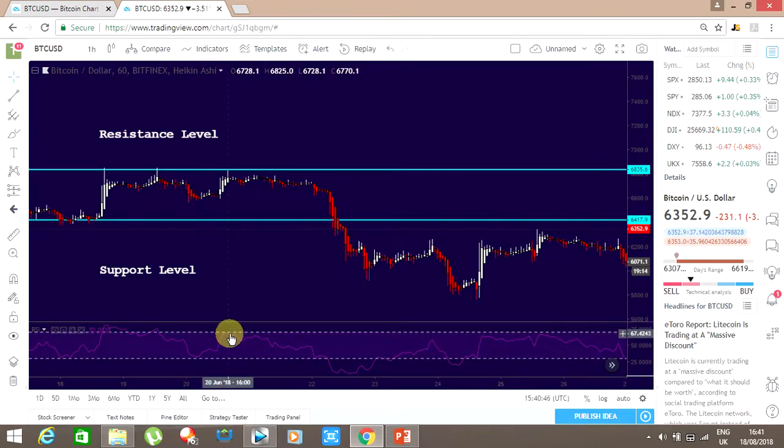Now, I'll explain what the RSI is probably in a video to itself, but just to give you a brief introduction, when this line works its way up above this point here, the market is extremely overbought. When something is overbought, you can expect a pullback. So think of markets as elastic bands. If the market goes in this direction a drastic amount, it'll have to come back down and meet back here somewhere.